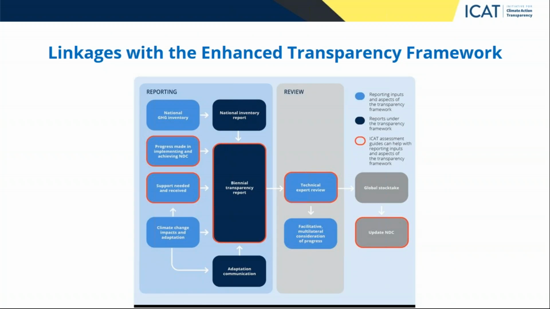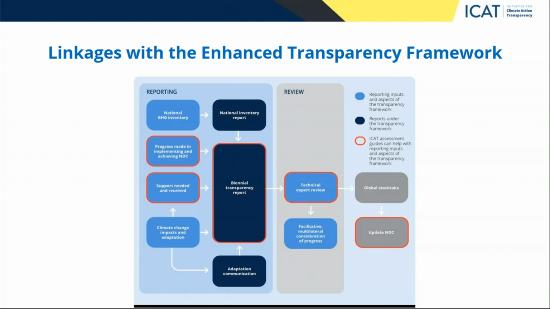The information that is collected can then feed into reporting under the UNFCCC. This figure shows in a schematic way the enhanced transparency framework under the Paris Agreement. You see at the center, the big dark blue square, the biannual transparency report, and feeding into that the various components.